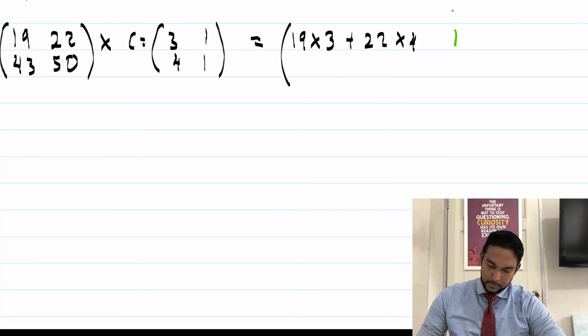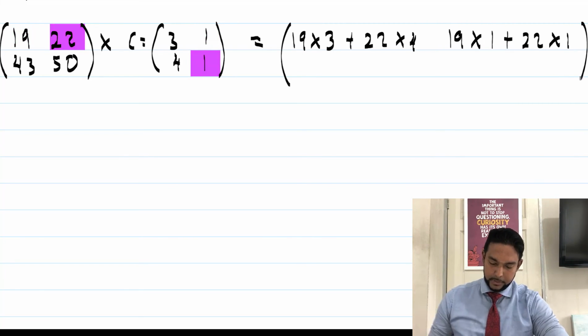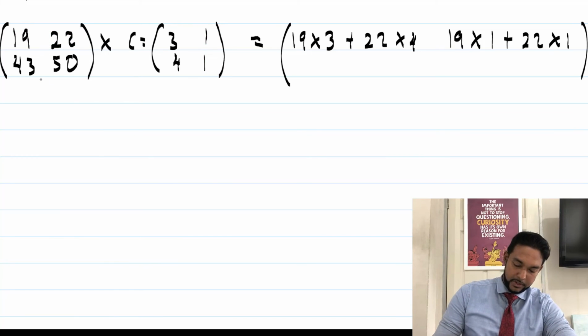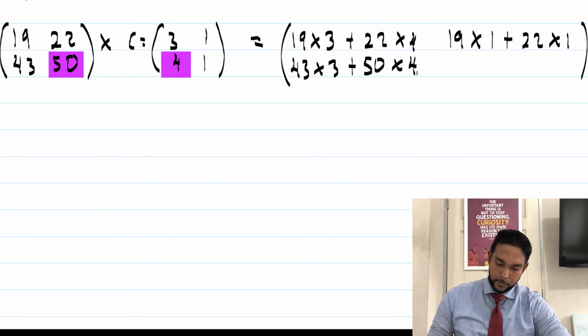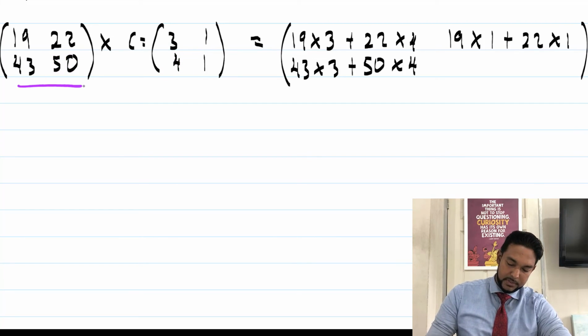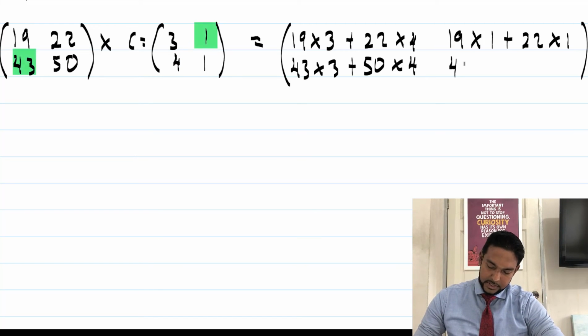That's going to give me 19 by 1 plus 22 by 1. Some easy numbers there, right? Let's go to the second row. Second row, first column. The product there is going to be 43 by 3 plus 50 by 4. And finally, we have same second row by second column. Once again, easy stuff. 43 by 1 plus 50 by 1.